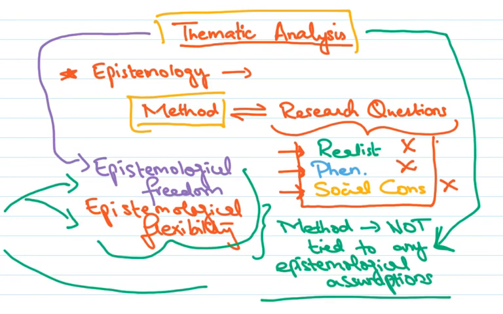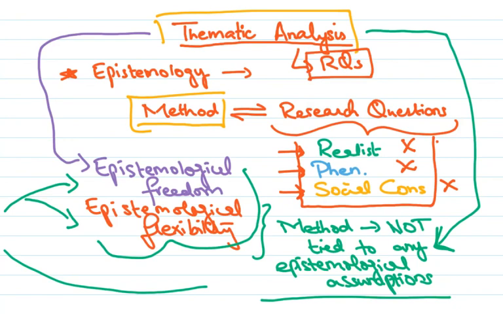Any knowledge that you aim to create will have certain epistemological assumptions tied to it. So if the method itself does not make it clear what the epistemological assumptions are, and they're not tied to the method, then where exactly do they come from? As far as thematic analysis is concerned, the epistemological assumptions come from your research questions.